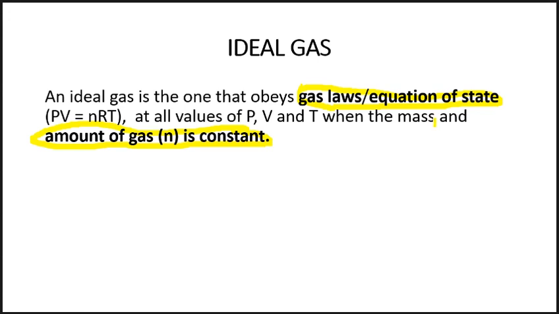ideal gas. Now, the equation of state is written as PV equals nRT, where P stands for pressure, V stands for volume, n stands for amount of substance, which is the number of mole, R stands for the molar gas constant, and T stands for the temperature, or you can call it the thermodynamic temperature.